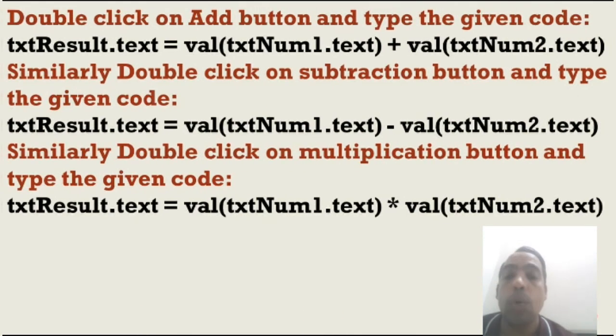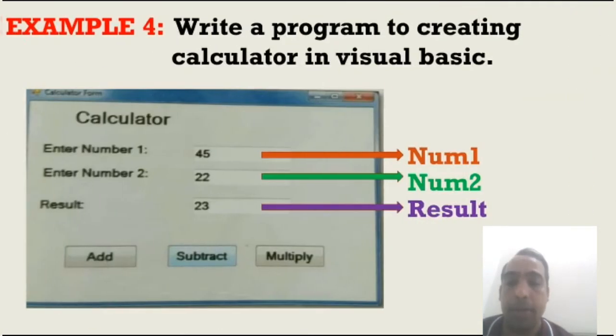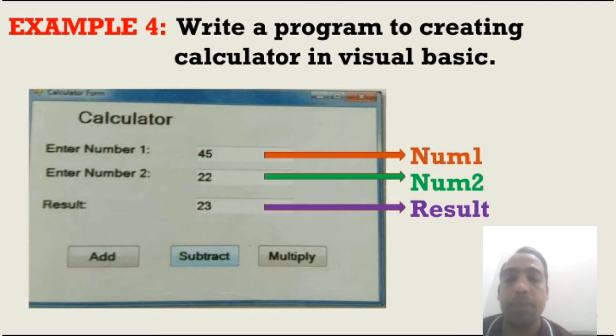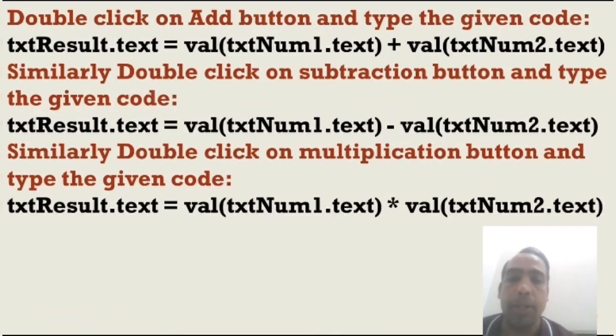Now you can see the coding part of this program. First of all, you have to double click on the add button and type this code. txtResult.text equals val of txt num1 dot text plus val of txt num2 dot text. Similarly, double click on the subtraction button and type this code. txtResult.text equals val of txt num1.text minus val of txt num2.text.